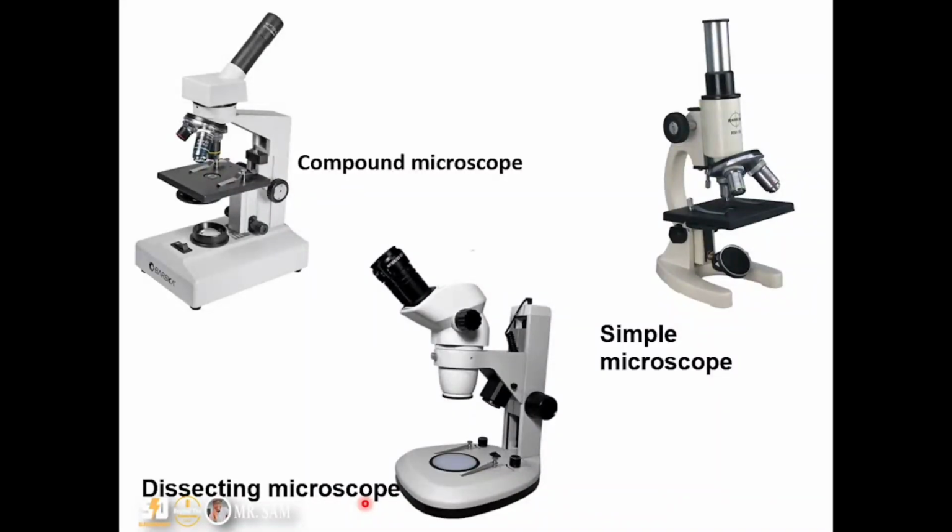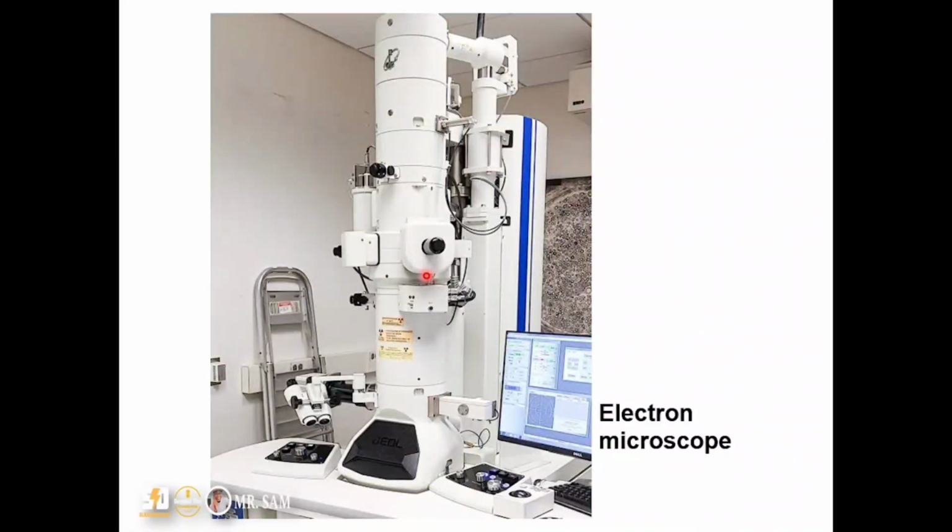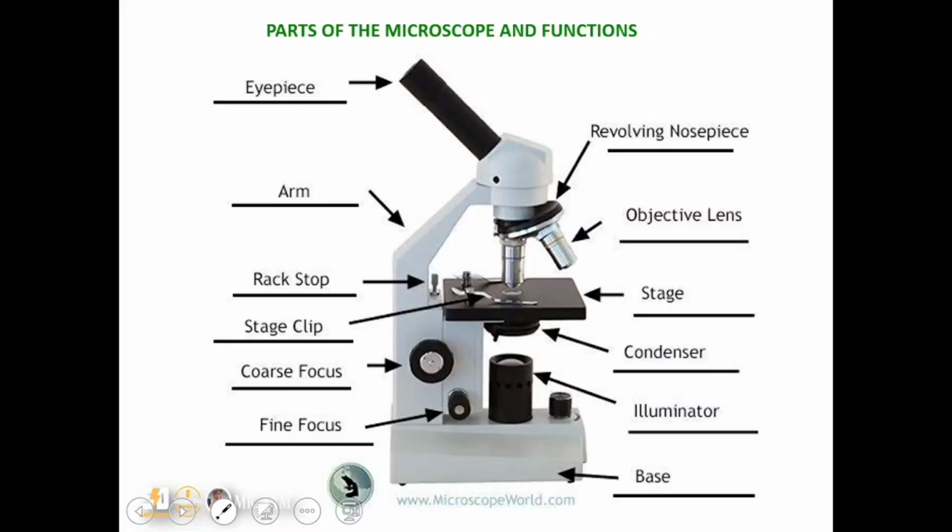And finally, this is an electron microscope, very big and expensive. You cannot find this in secondary schools, and even in many universities it has to be specialized research laboratories that apply this.